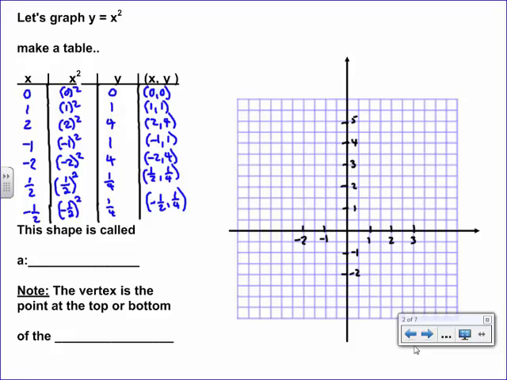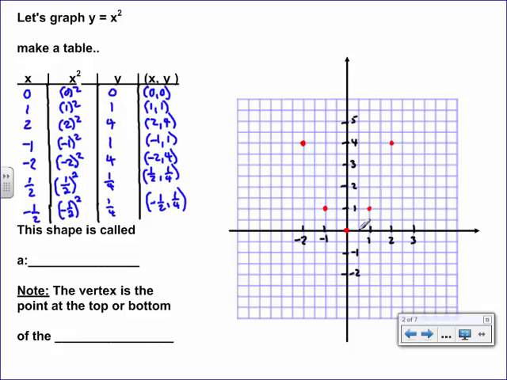Okay, once you have your graph set up, we're ready to plot the points. Well, 0, 0, 1, 1, 2, 4, then we have negative 1, 1, negative 2, 4, and let's look at these fractions here. 1/2, 1/4.